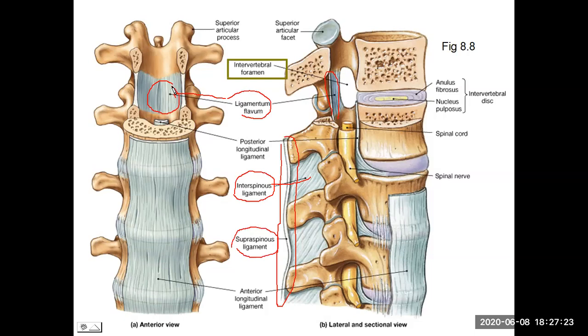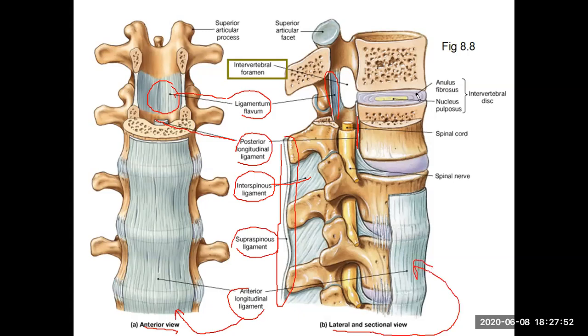There's the posterior longitudinal ligament. So this is running against the posterior side of the vertebral body. So we can see that labeling here, over here, posterior edge of vertebral body. And the anterior longitudinal ligament, of course, this is along the anterior side of the vertebral body.